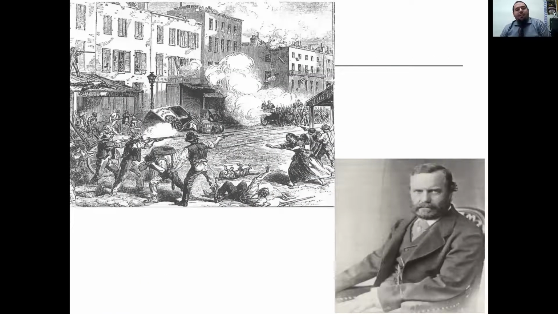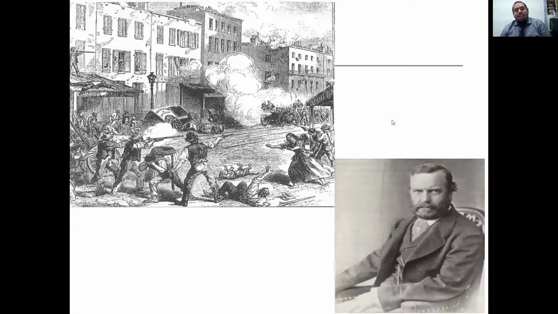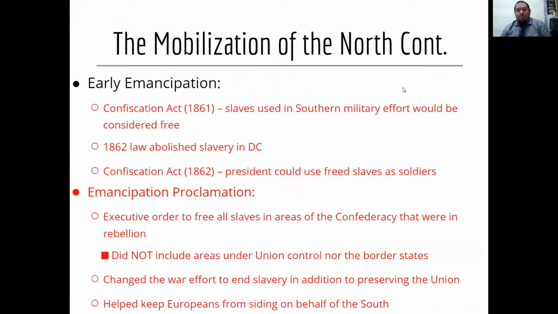Here's a picture of the New York City draft riots, and here is the father of future American President Teddy Roosevelt. He was one of those wealthy, rich people to buy their way out of the war. And that is only going to make Teddy more for the war.